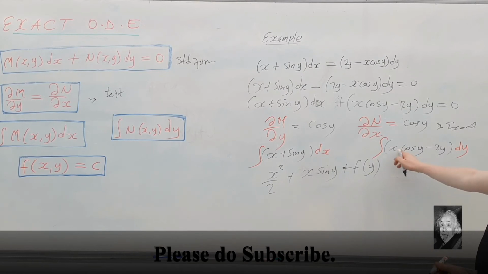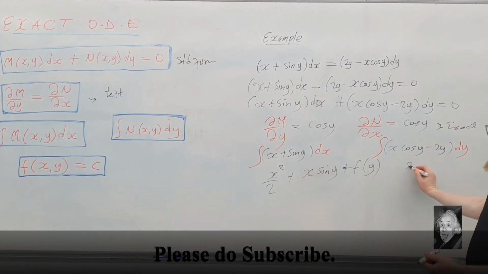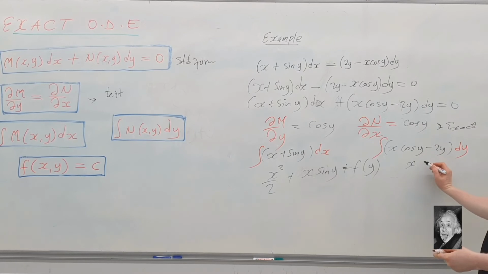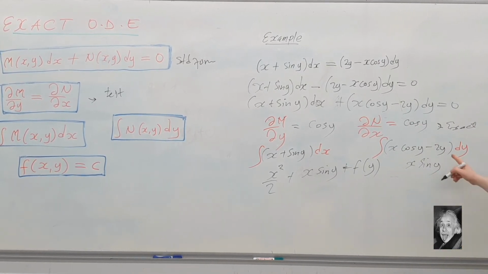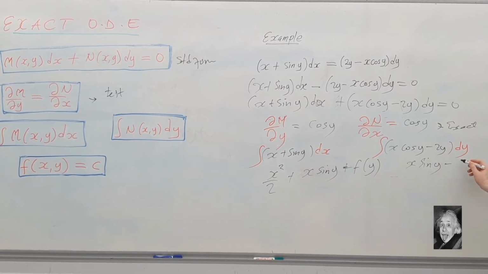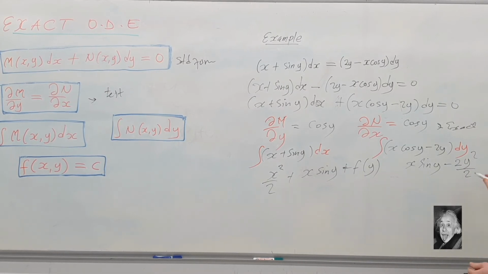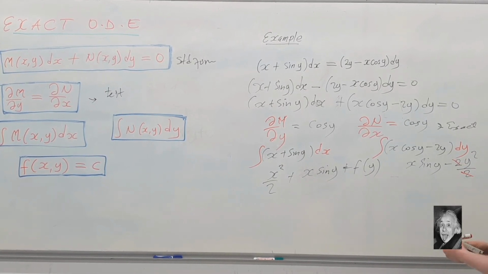If this is constant, I can take it out, so it will be x. If I integrate cos y, integration of cos is sine, so it will be sine y, and integration of 2y will be y squared, that means divide by 2, and this will cancel, and you have the constant.